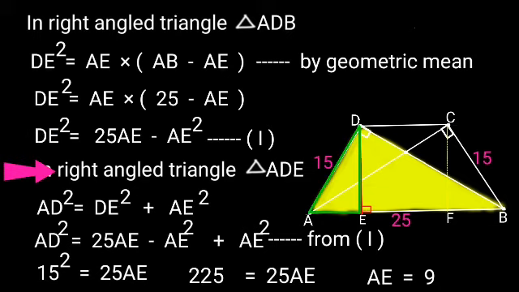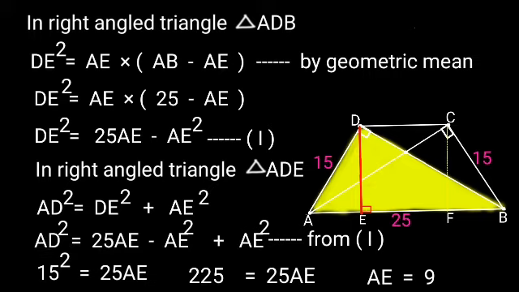In right angle triangle ADE, by Pythagoras theorem, AD square is equal to DE square plus AE square. Hence, AD square is equal to, substitute the value of DE square from equation first, that is 25 AE minus AE square, and last one AE square as it is.